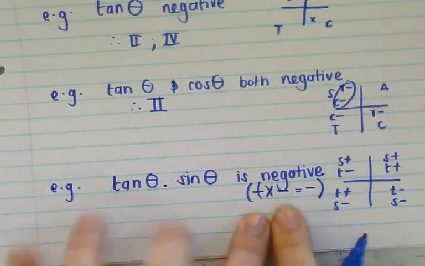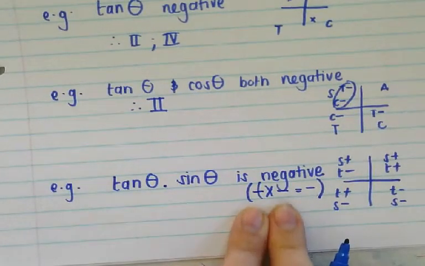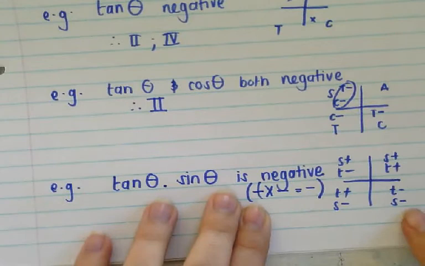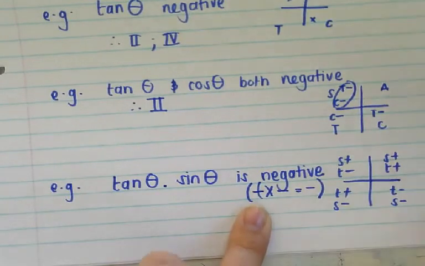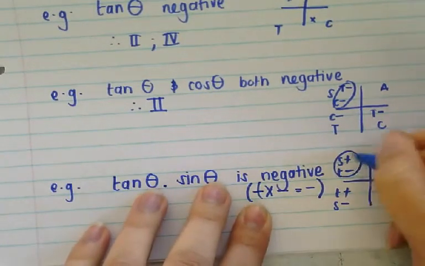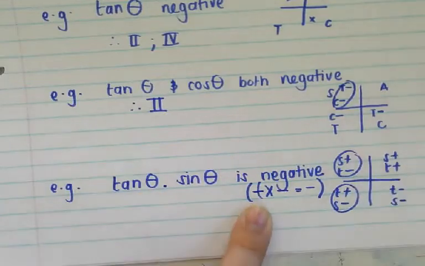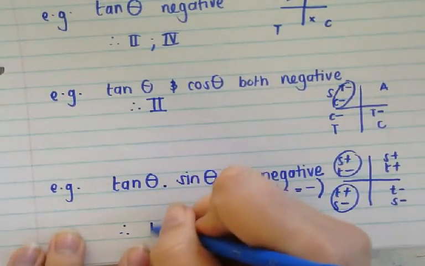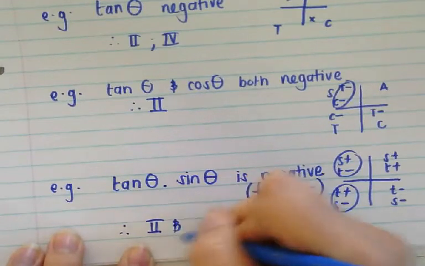So I'm looking for a combination of positive and negative together. Positive and positive, not going to happen. Negative and negative, not going to happen. So it's positive and negative and negative and positive. So therefore, quadrants 2 and 3.